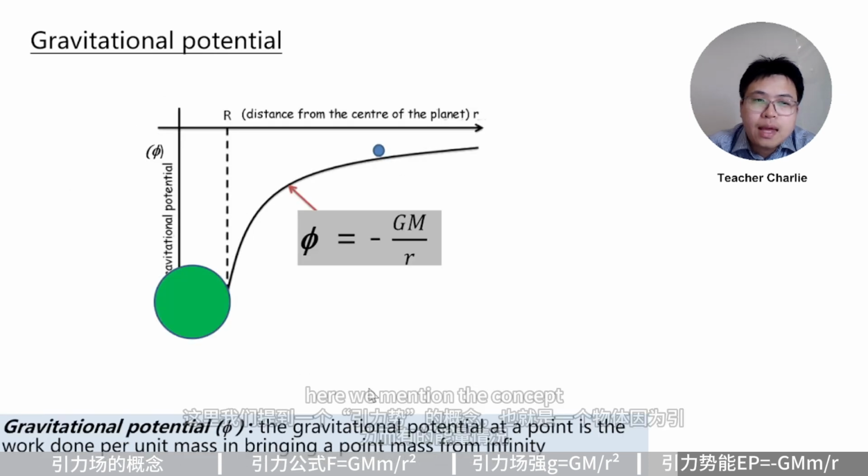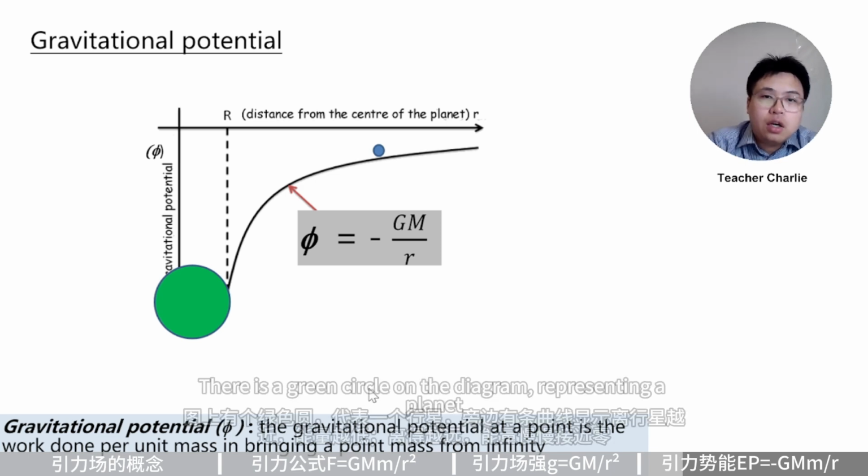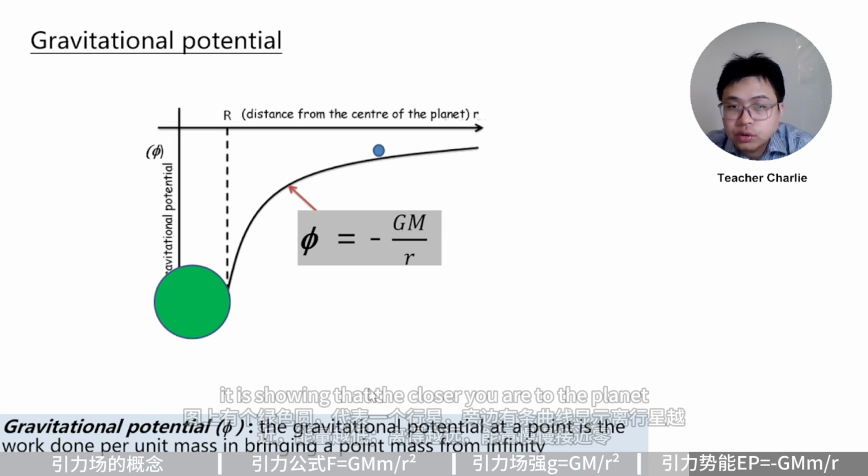Here we mention the concept of gravitational potential, which refers to the energy state of an object due to gravity. You can see this picture. There's a green circle in the background representing the planet, with a curve next to it. It shows that the closer you are to the planet, the lower the energy.